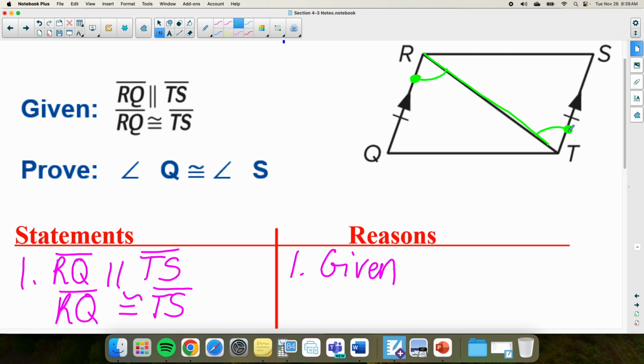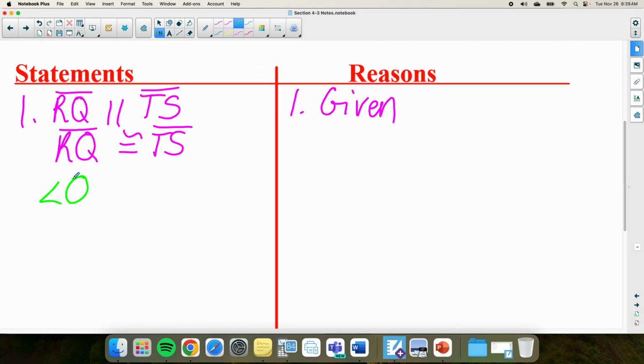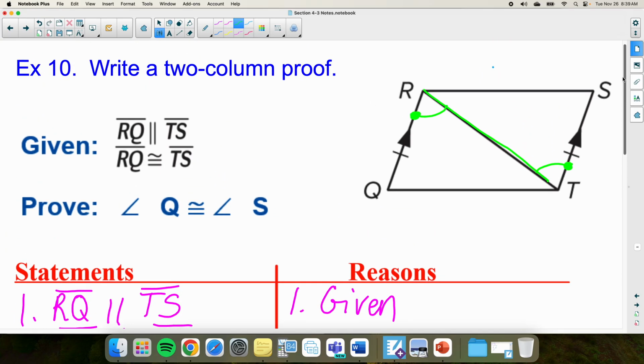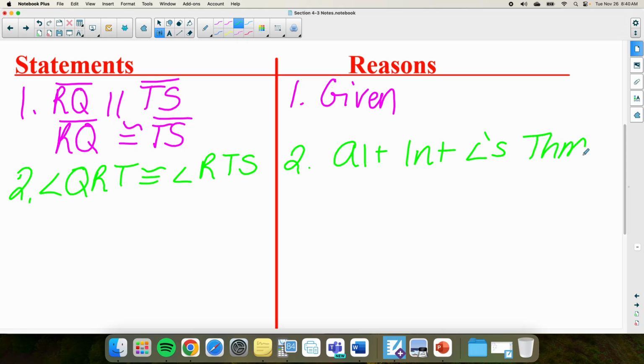Now we're gonna have to use 3 letters, so we're gonna say angle QRT is congruent to angle, let's see what that is, STR or RTS, so T would have to be in the middle there. And those are alternate interior angles, so it's called alternate interior angles, and then you have to add theorem at the end.